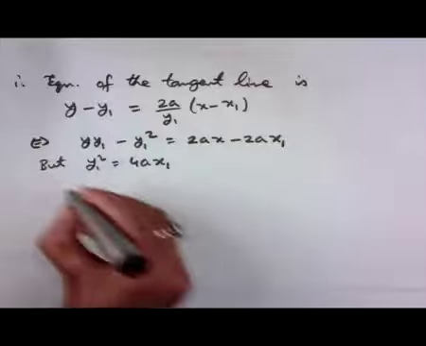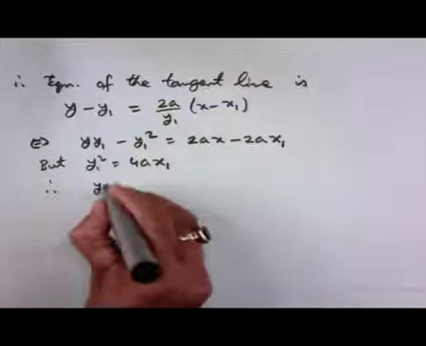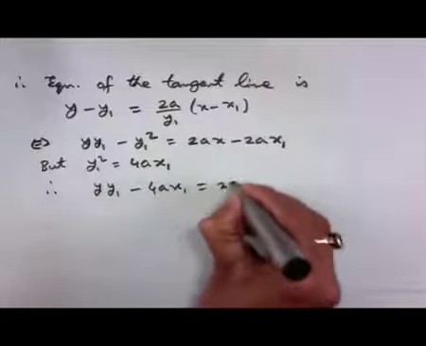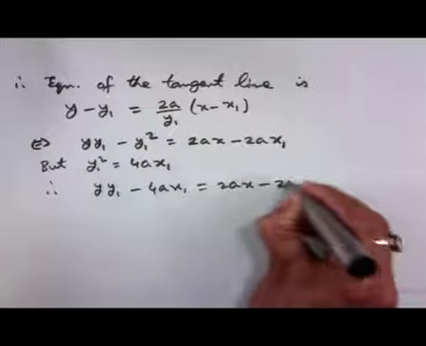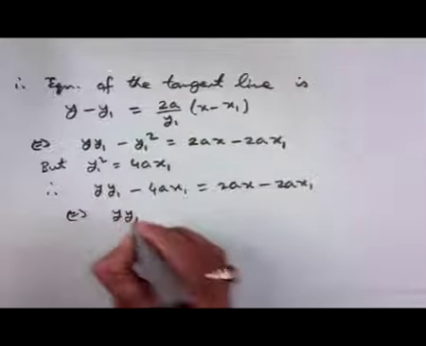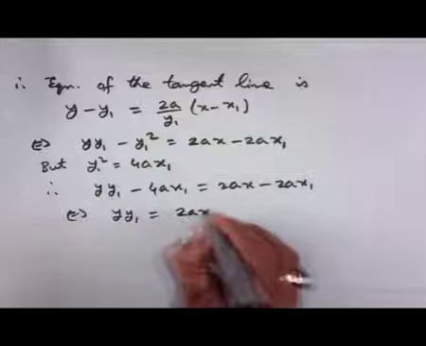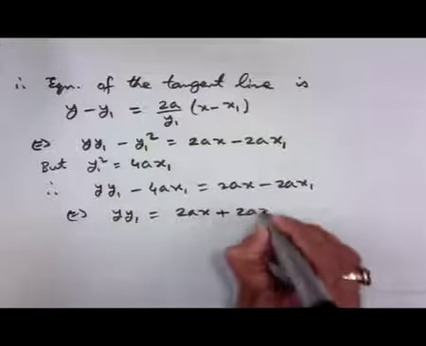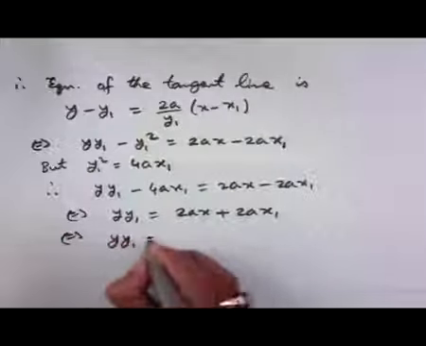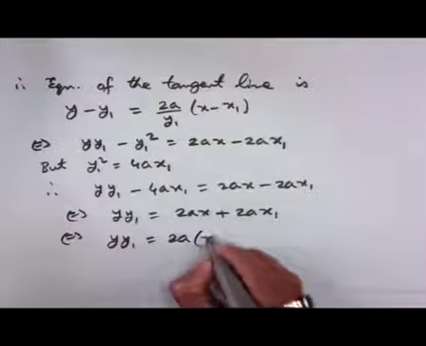Therefore, y y 1 minus 4 a x 1 equal to 2 a x minus 2 a x 1, which is same as y times y 1 equal to 2 a x plus 2 a x 1, or y y 1 equal to 2 a times x plus x 1.